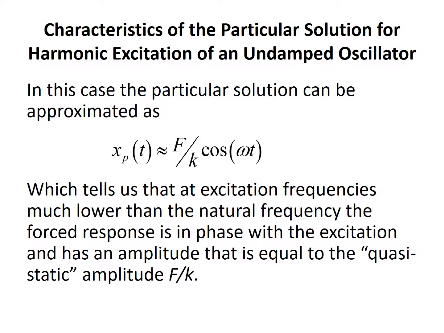So what this tells us about the type of response is that when the excitation frequency is much lower than the natural frequency, the amplitude of the particular solution is approximately equal to the quasi-static amplitude F over k. And so at driving frequencies much lower than the natural frequency, the amplitude of the forced response is going to be approximately equal to the quasi-static amplitude F over k.